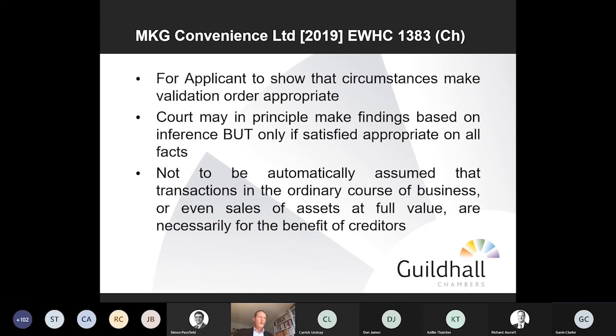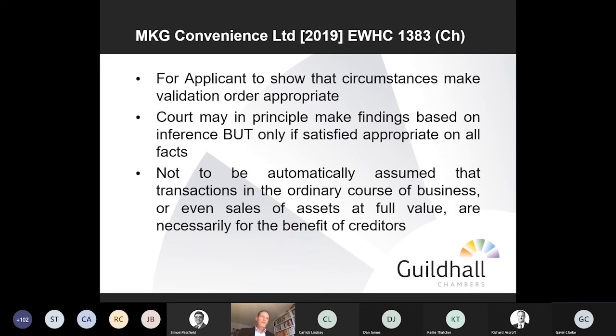Now, practically that can be quite difficult if you're not the company. So in circumstances where you need to demonstrate that it's for the benefit of the general body of creditors, as a third-party applicant, you might not have that relevant information.